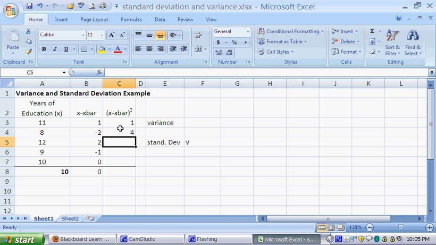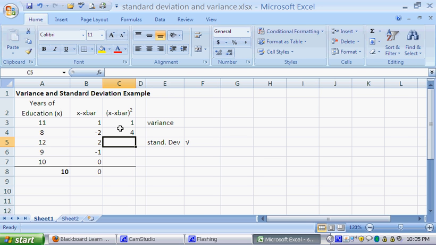Now, just in case you guys forgot, and I know that some people hit their math class the minute they walk out the door and everything leaks out their ear. Just remember that when you square negative numbers, you end up with a positive number, and that's exactly what we want. That's why we're doing it, so we don't end up with deviations from the mean turning out to be 0 when we add them all up.